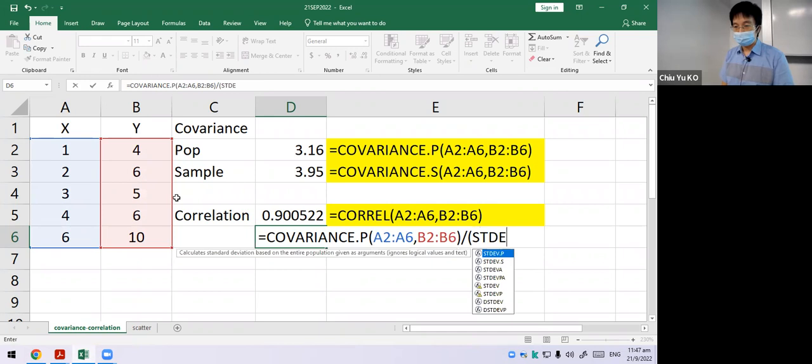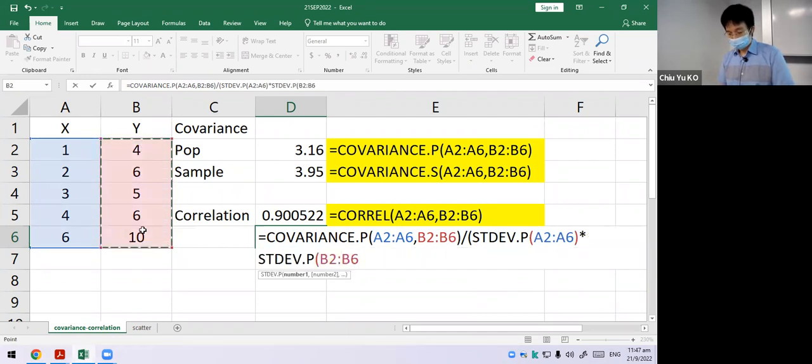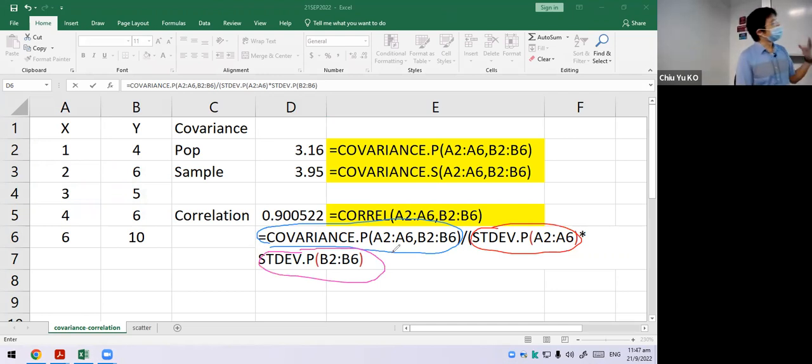So STDEV.P of X times STDEV.P of Y. Okay. So here, just to remind you, what I'm doing here is I look at the fraction, right? The numerator is the covariance, okay, and the denominator are SD of X, okay, and SD of Y. Okay, so that is the other way to do it.